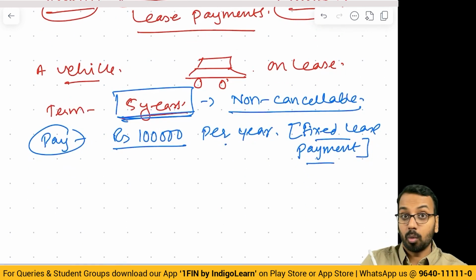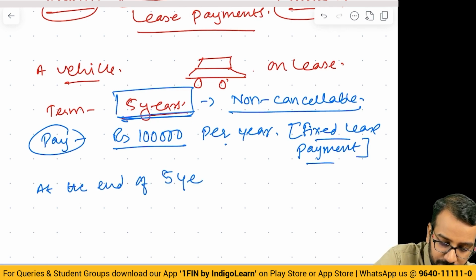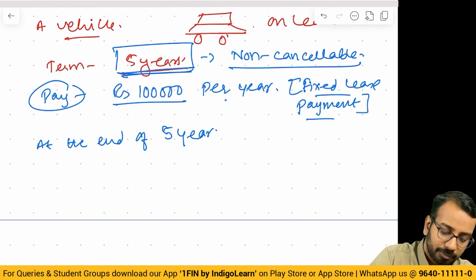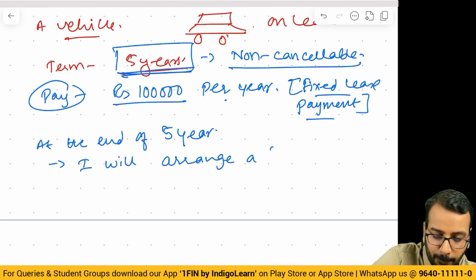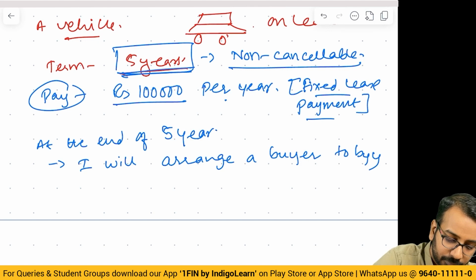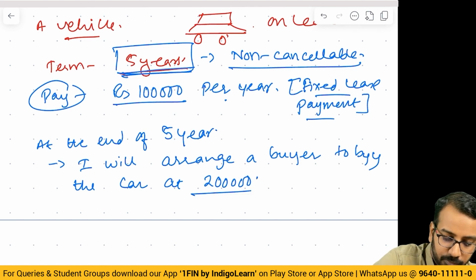Apart from this, what I have also done is, I have said that at the end of 5 years, I will arrange a buyer to buy the car at 2 lakhs. At how much? 2 lakhs.